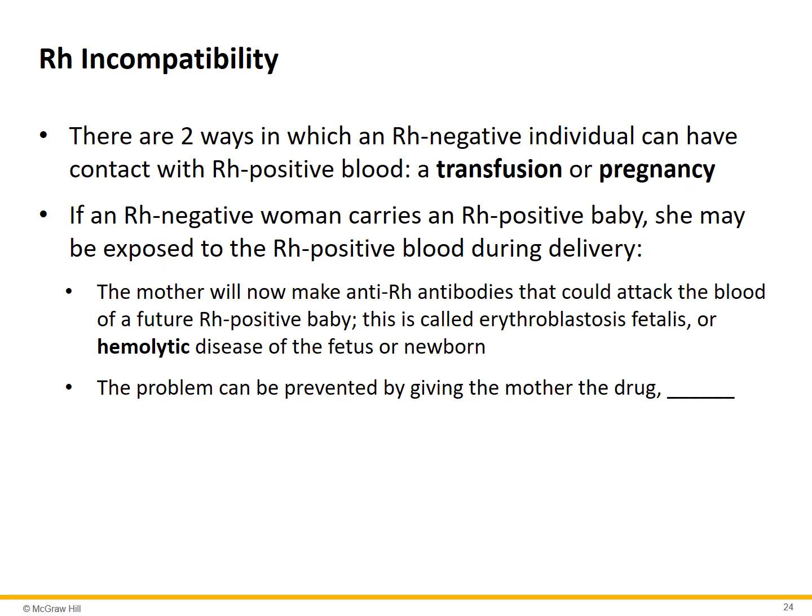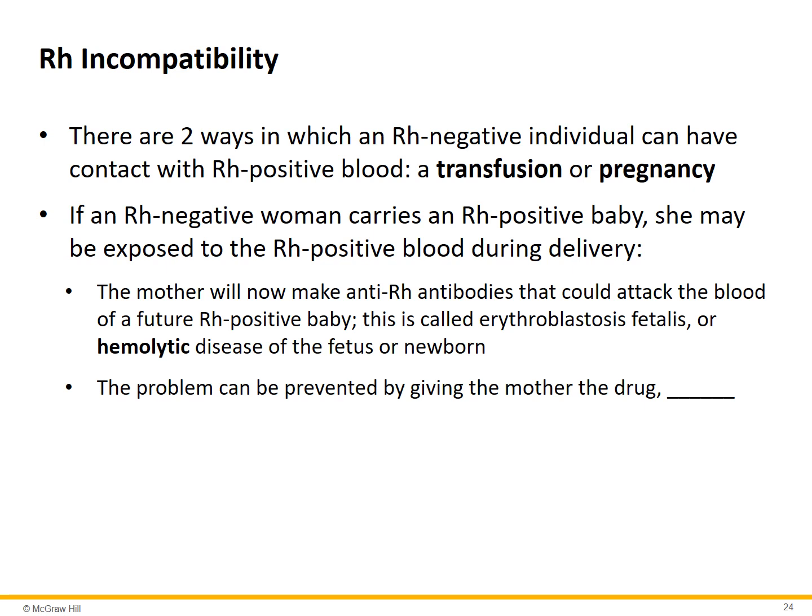The antibodies for A and B do not pass from maternal to fetal circulation, but the antibodies to the Rh factor, because that's acquired, can. This is similar to babies when they're born.